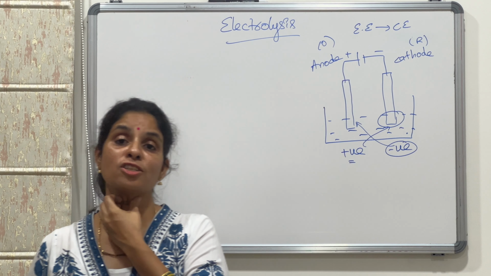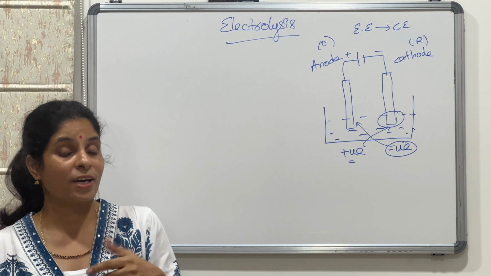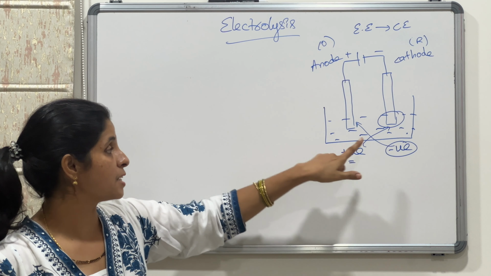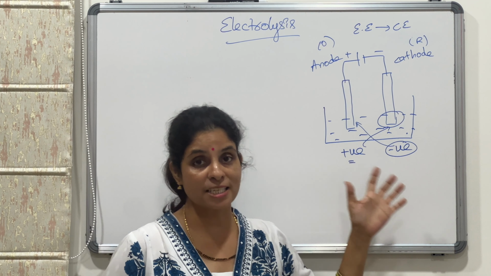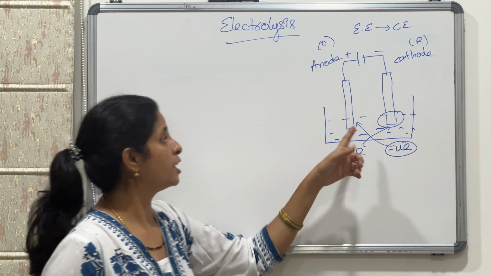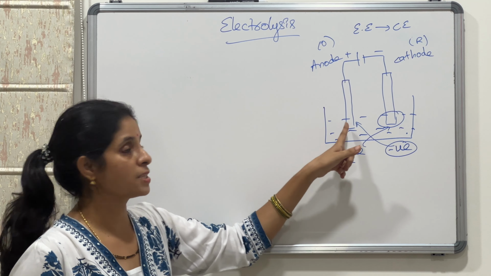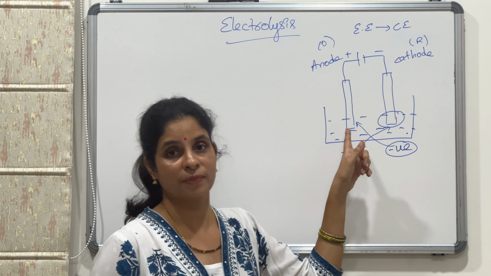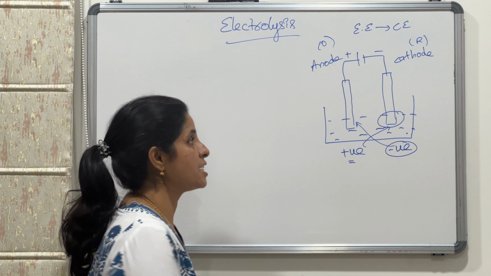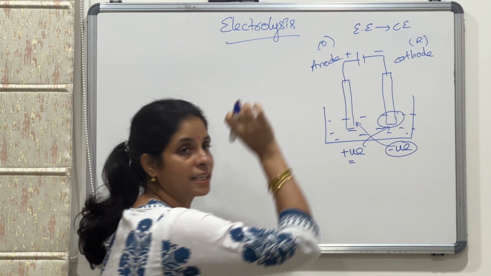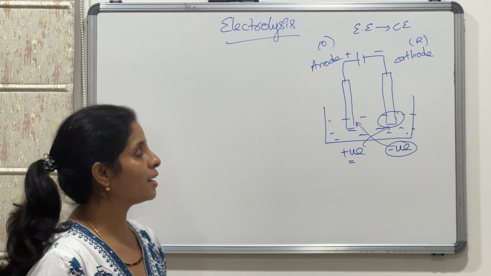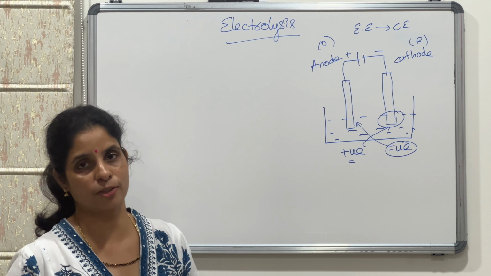Now our aim is to write what the products are, meaning which ion goes and is deposited at the anode and which ion goes and is deposited at the cathode. So what are the products of electrolysis?